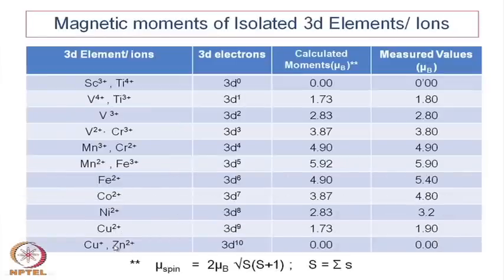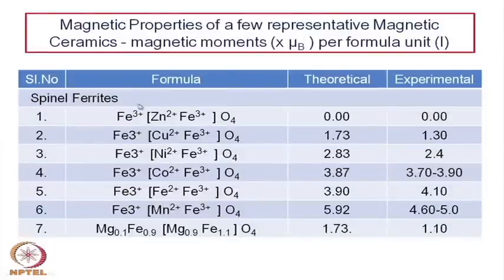You can see zinc 2 plus is a 3d10 ion, and copper 2 plus too, all of them are 3d10 ions, and therefore there is no magnetism. There is no spin magnetic moment, therefore it is 0, and that is the reason zinc ferrite will have a 0 magnetic moment, and this Fe3 plus and this Fe3 plus will cancel each other. So, that happens in all of them.